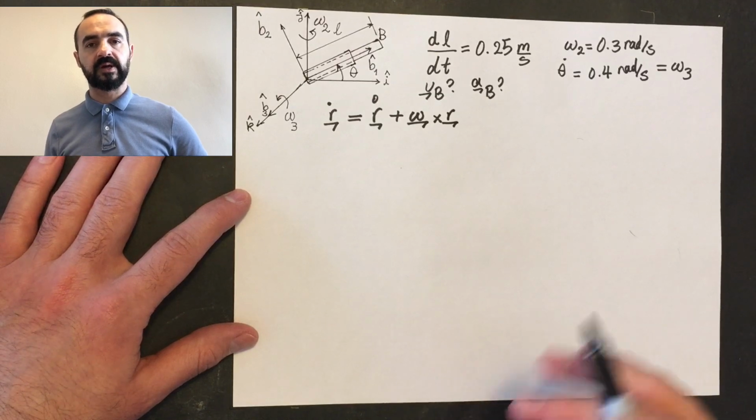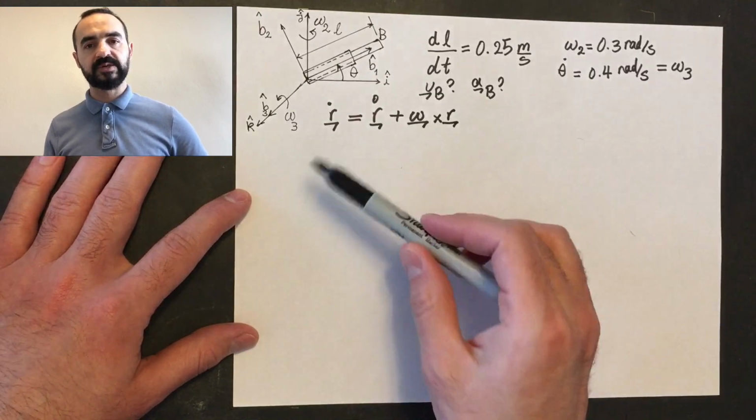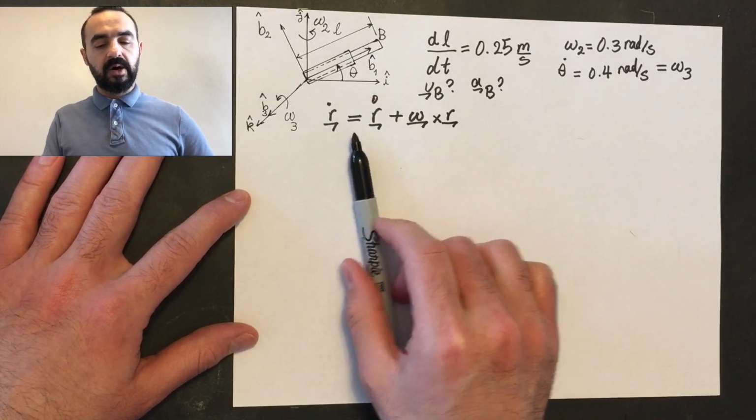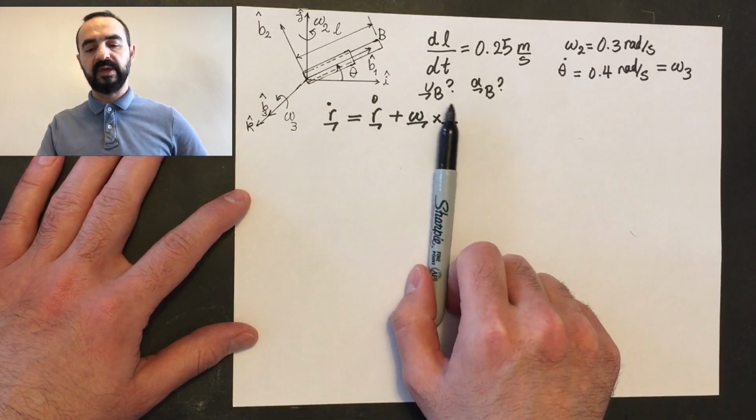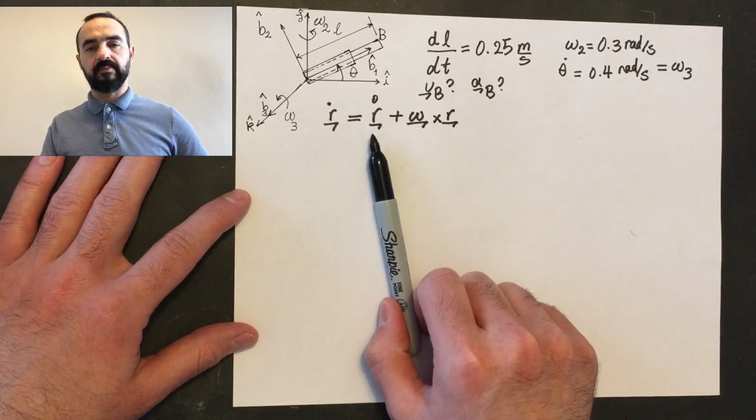We just need to pay very close attention to how each term is defined. R dot is what we are looking for, the velocity of point B in the inertial frame.